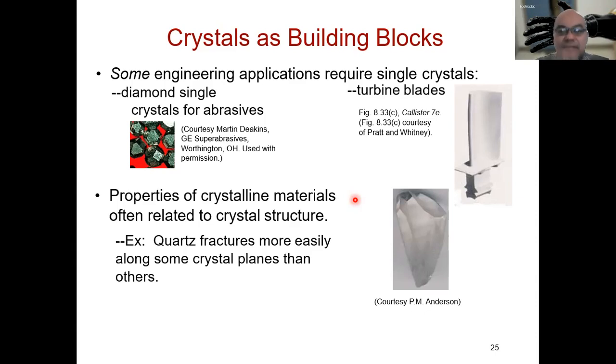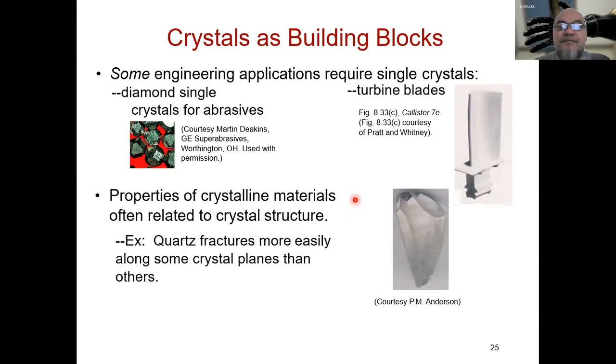In this case, the periodicity of the arrangement of the molecules or atoms is important. Do they make crystals? If they make crystals, is it long range order, single crystalline, or polycrystalline, or do they not have any periodicity at all, amorphous?